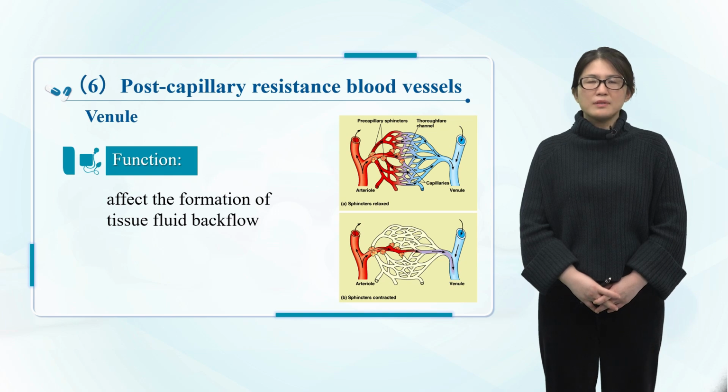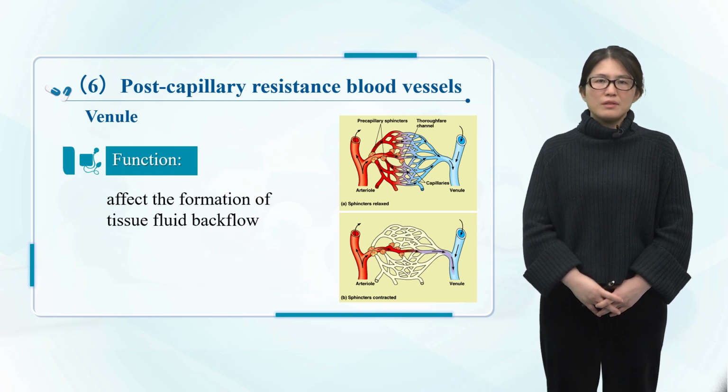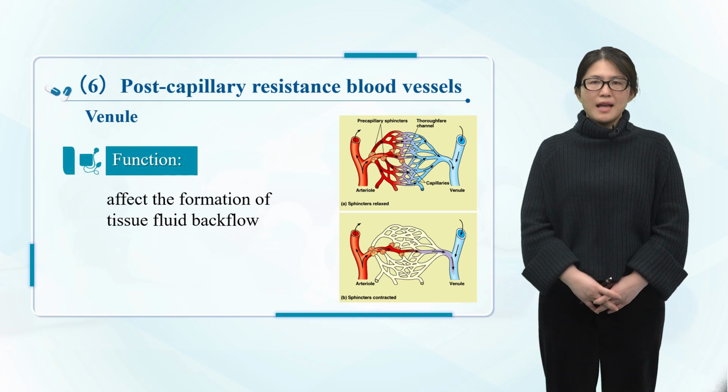It wraps around a thin layer of basement membrane, so its permeability is very high. It is the main place for material exchange inside and outside the blood vessel, so it is also called exchange vessel.